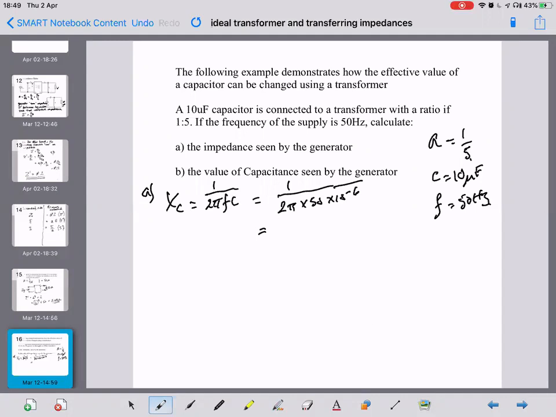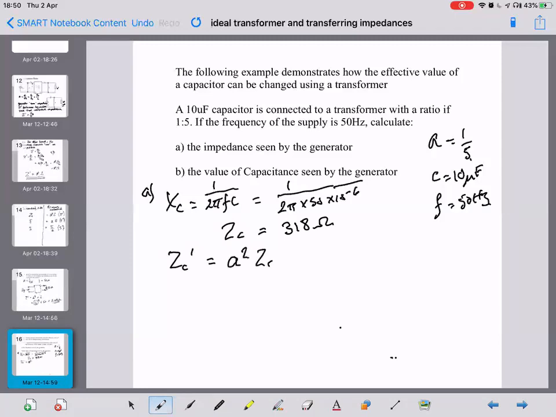318.31. Yeah, 318 will do nicely, Ben. So how do I calculate that XC, which is effectively ZC? ZC dash is equal to, how do we calculate that, gents? That'll be A squared times ZC.